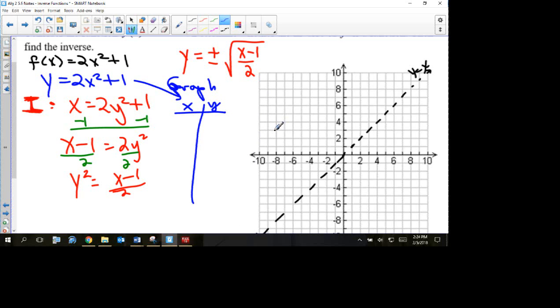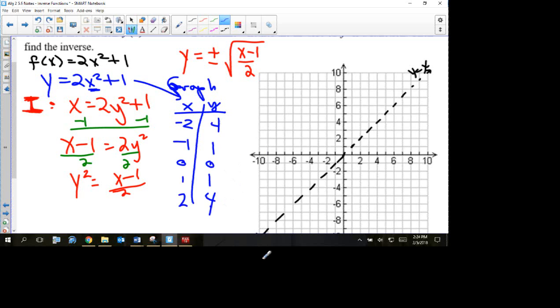When we were doing transformations, we used tables. So I'm going to start with the parent function, just x squared, and I'm going to put the ordered pairs in for x squared. So negative 2, negative 1, 0, 1, 2, and then square that: 4, 1, 0, 1, 4. That's the x squared parent function.